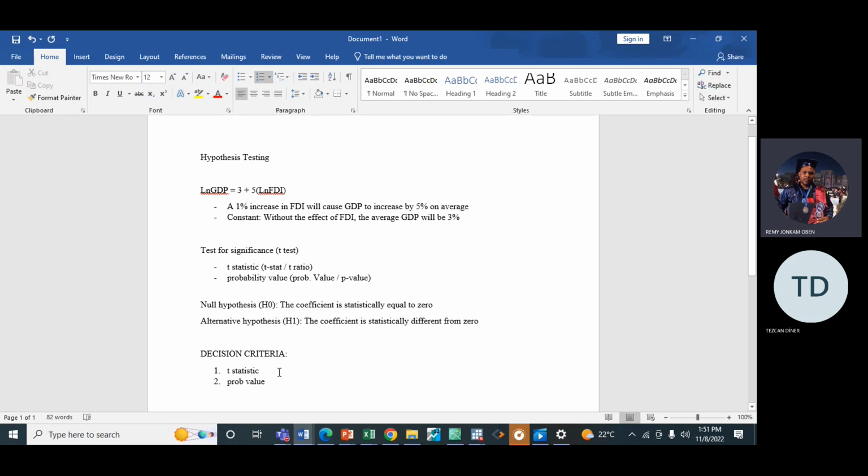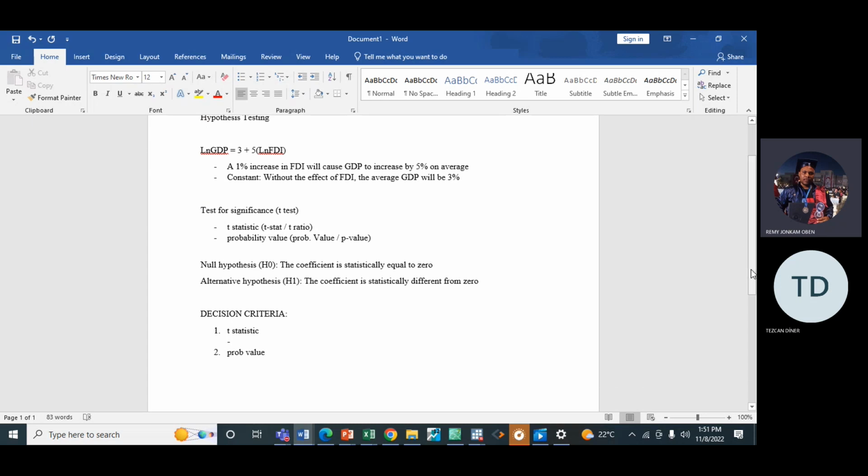For the t-statistic, if we are going to use it to perform this test, then the absolute value of the t-statistic should be greater than the critical value.